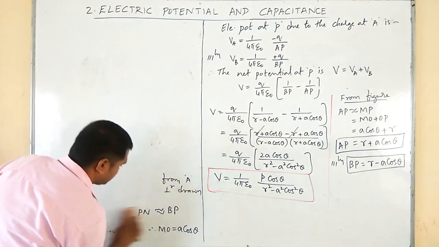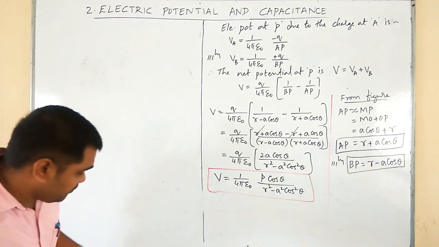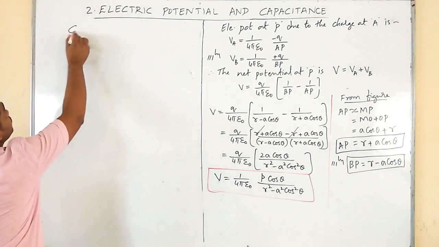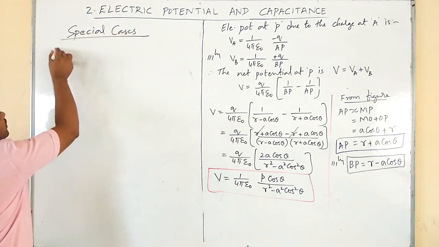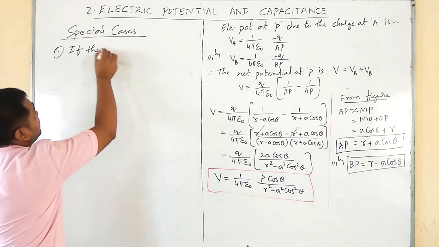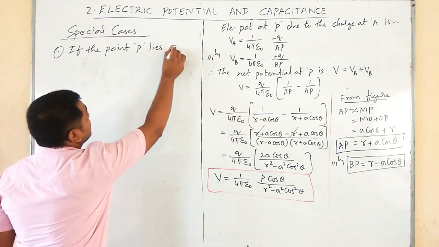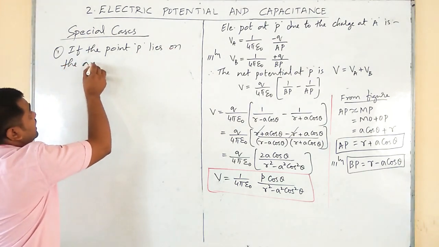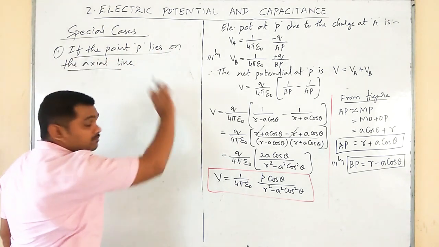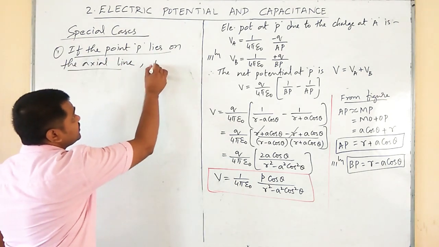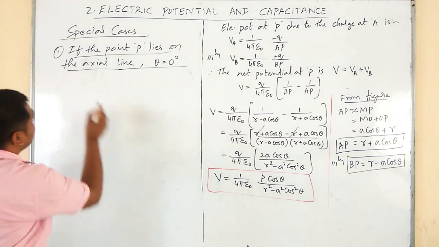Here are two special cases. Case number 1. If the point P lies on the axial line, what is the angle theta? Yes, you should know that theta is equal to 0 for the axial line.